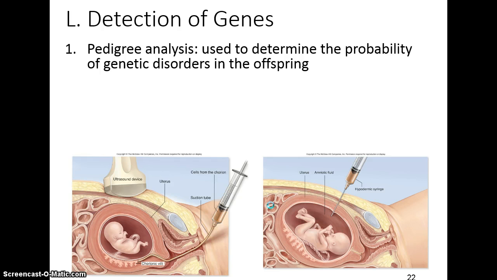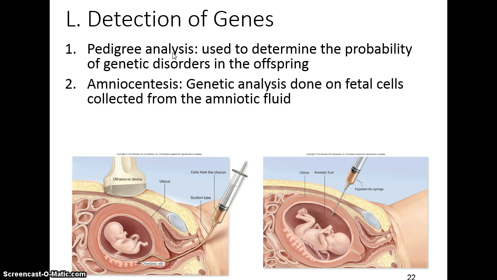Another way to detect genes, especially for developing fetuses and for people who are prone to certain genetic diseases because of their mothers, grandfathers, and so on, is to look at the pedigree and determine, based on what genes we think you have, the likelihood that your children will have this genetic disease.